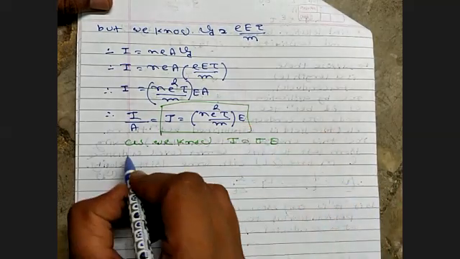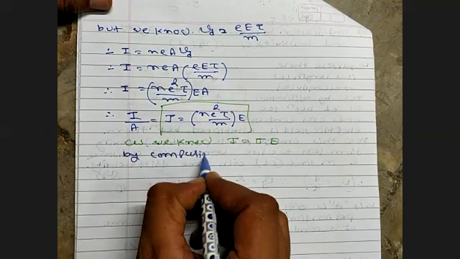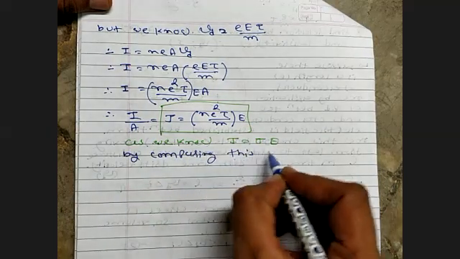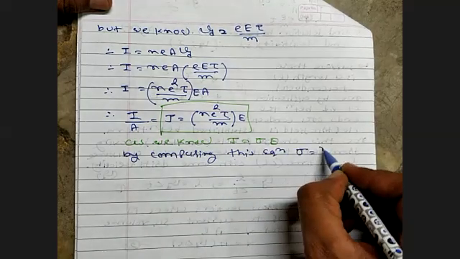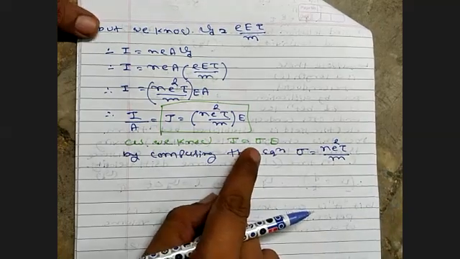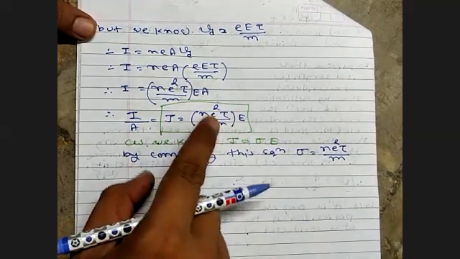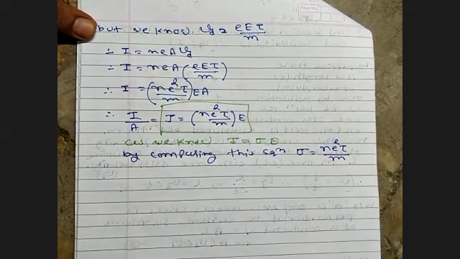Comparing these equations, what do we get? Sigma is equal to N E square tau upon M. That is the main picture that we want.